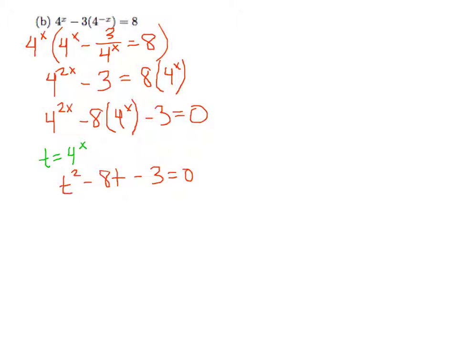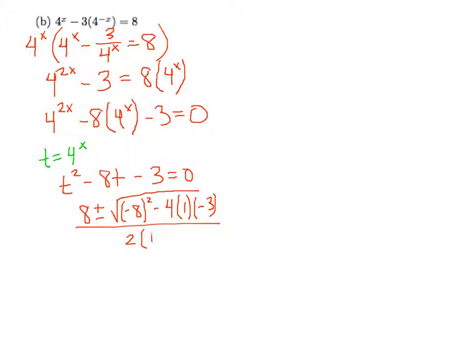And we're going to have to use the quadratic formula, so we have 8 plus or minus the square root of negative 8 squared minus 4ac, all over 2 times our a.